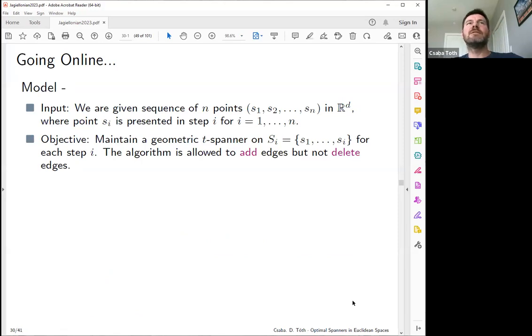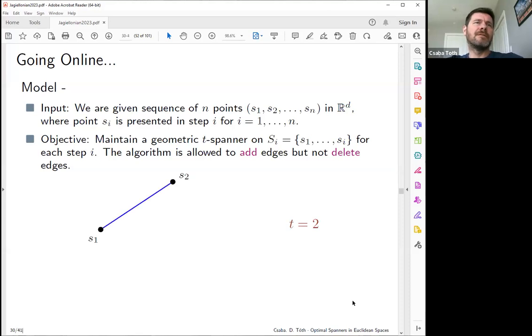You need to maintain a t-spanner for the first i points at all times. An additional condition is that the algorithm can add new edges, but it cannot delete. That's one key difference from dynamic algorithms, which can update the spanner, adding or deleting. The online algorithm can only add.